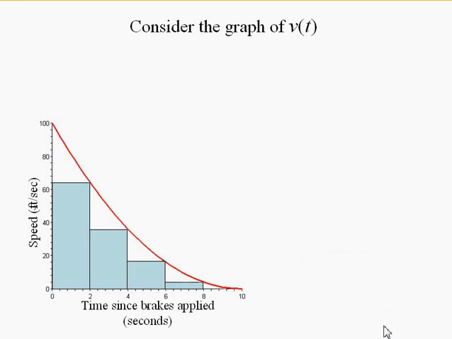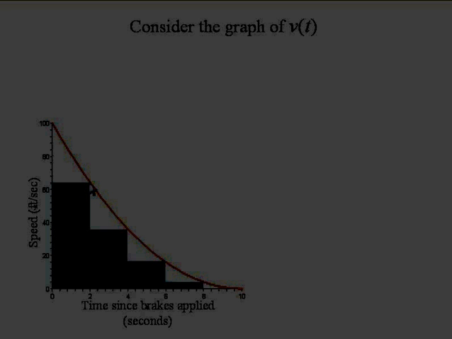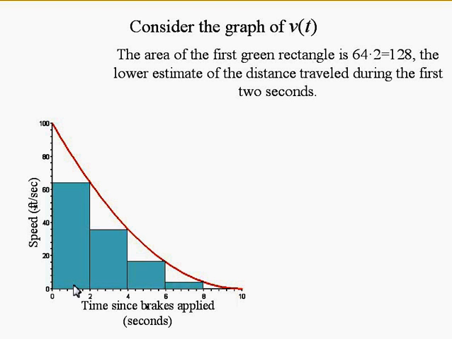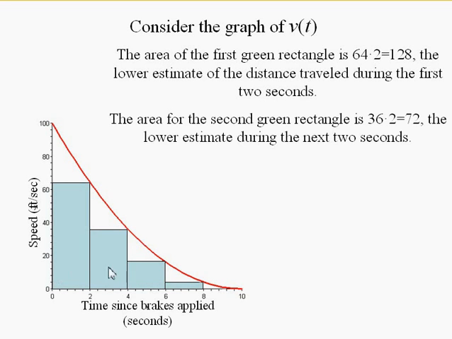Well, it turns out our right-hand sums are the rectangles we made when we did the lower estimate. So we've actually already calculated the area of these rectangles. Okay? The area of this first rectangle is 64 feet per second times the 2 seconds, so 64 times 2. Area of this next rectangle is 36 times 2.